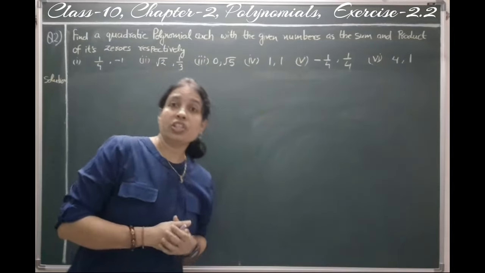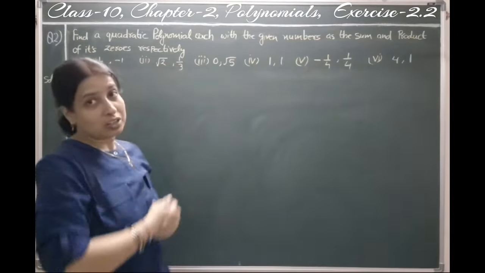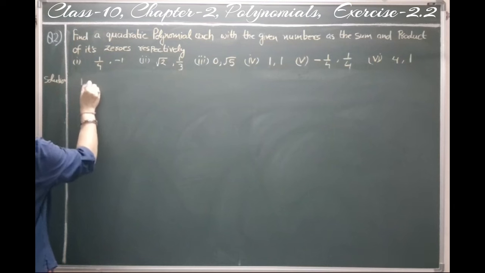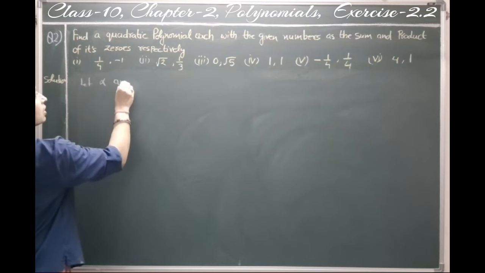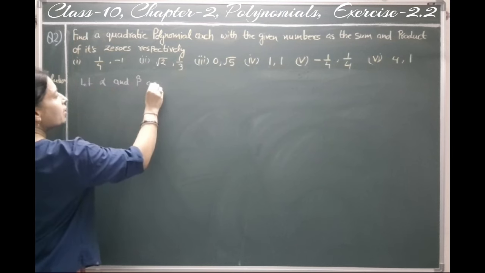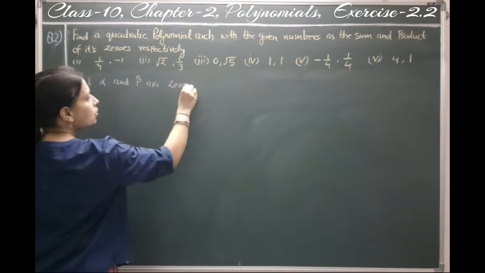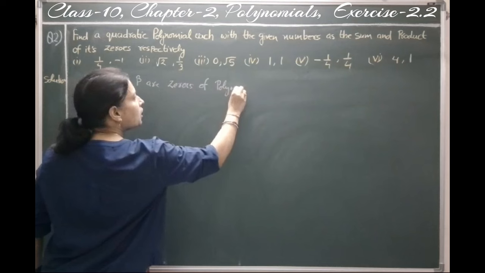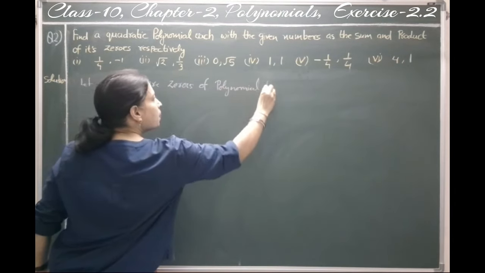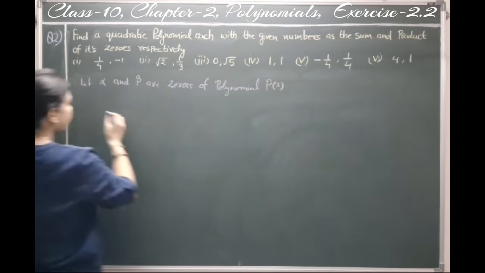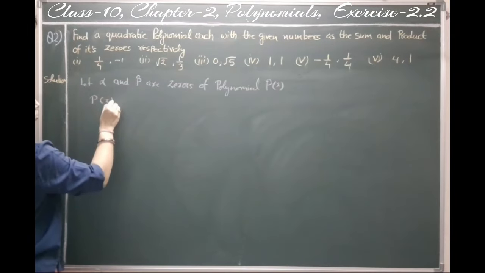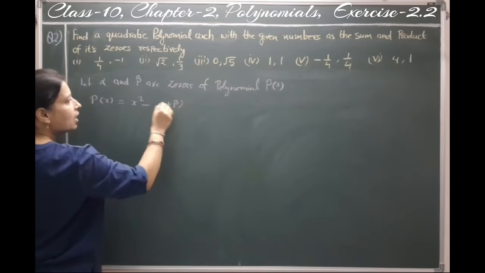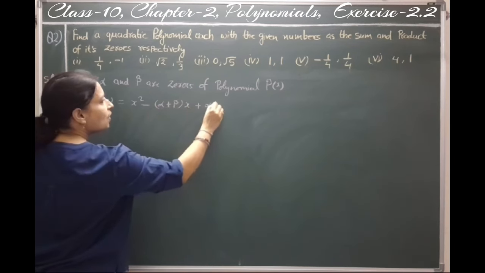Here the sum of zeros is given as -1/4 and the product of zeros is given as 1/4. So first we have to write, let alpha and beta be zeros of polynomial p(x), then p(x) = x² - (alpha + beta)x + alpha beta.